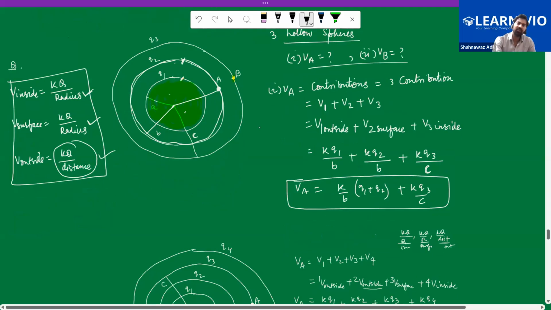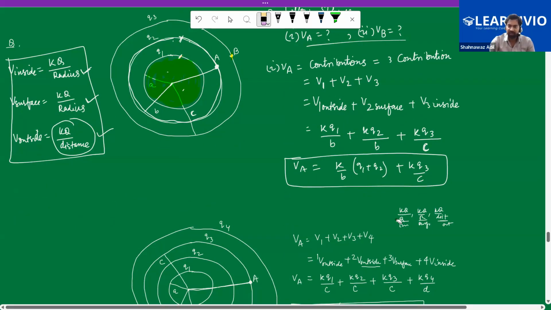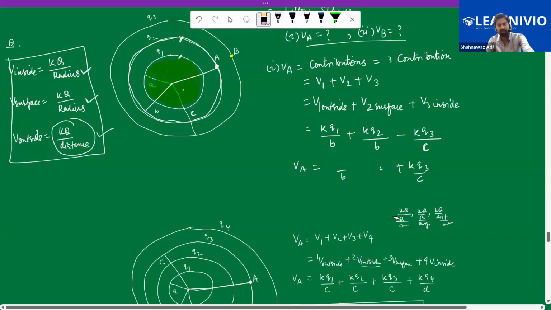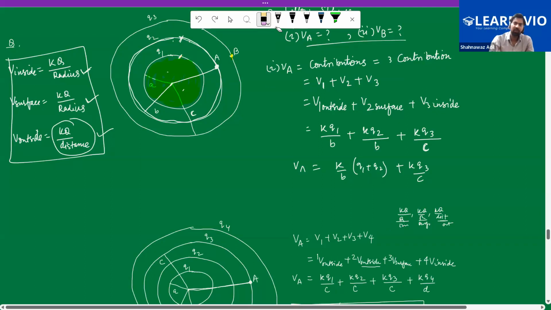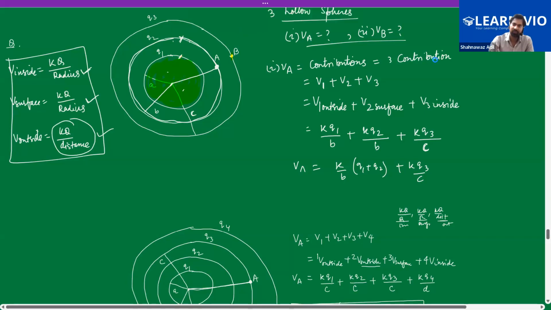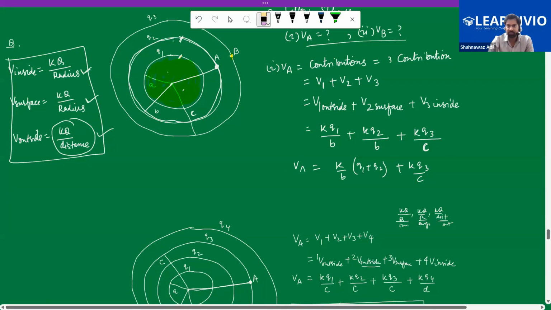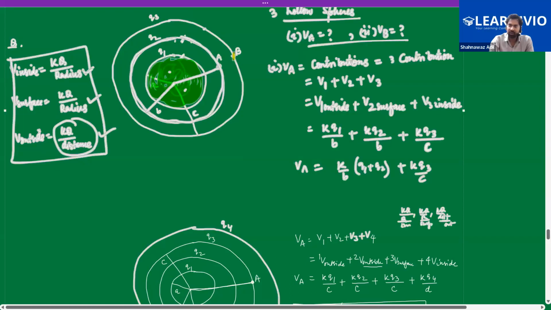Okay, so now let us find out the potential due to B. But before we do that, what is happening?